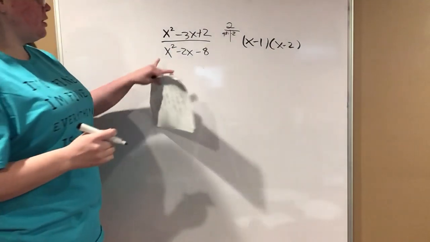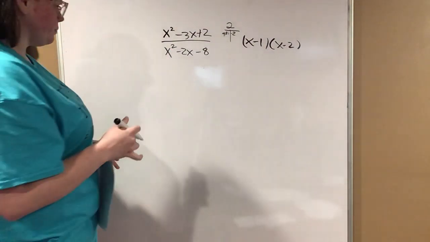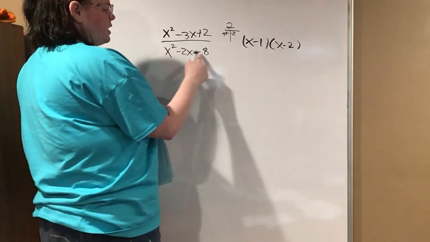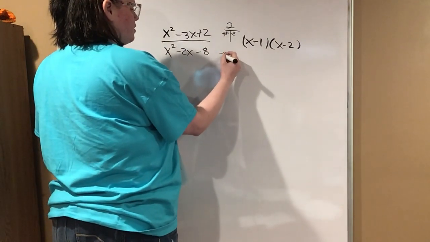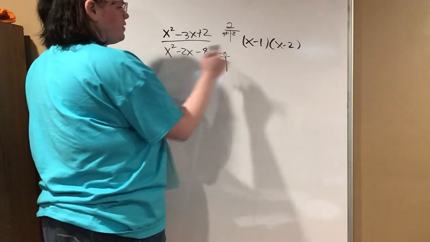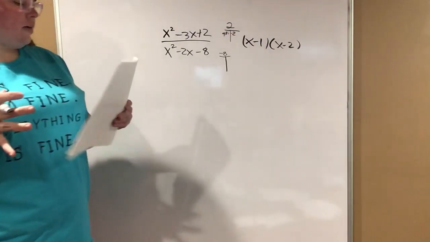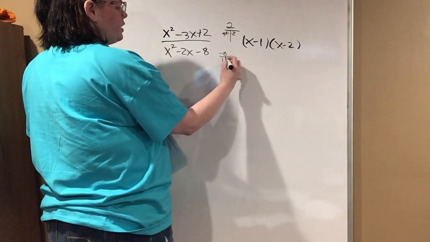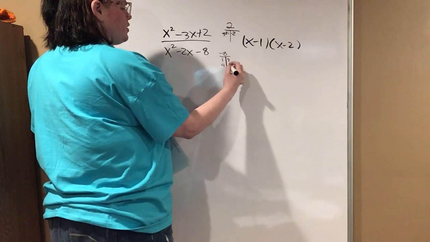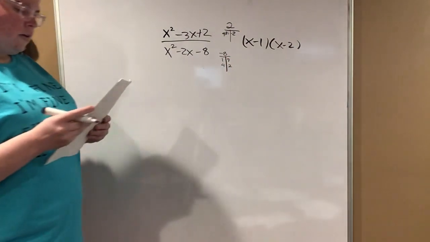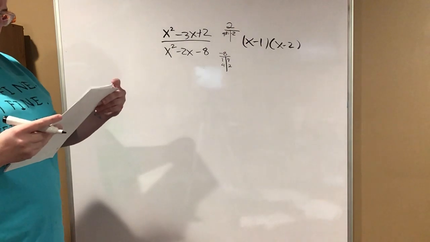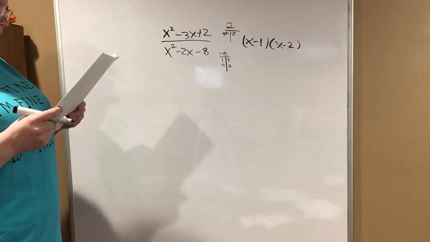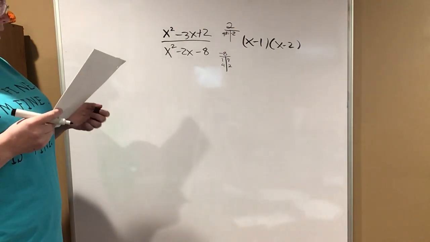Let's do the same thing to the bottom. 1 times negative 8 is a negative 8, and we need factors of negative 8 that add up to a negative 2. I know the factors are 1 and 8 and 4 and 2. Looking at this, we need the factors that would make it a negative 2.